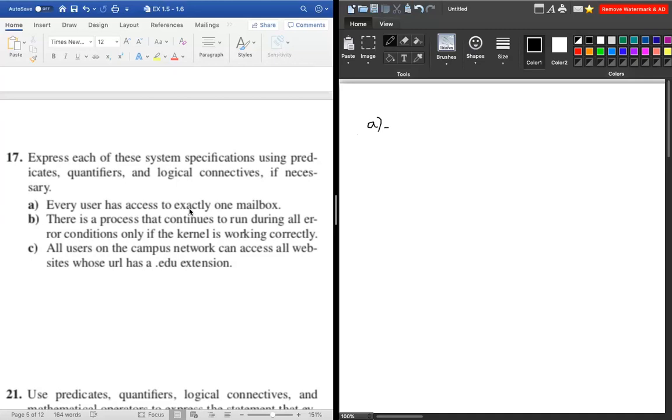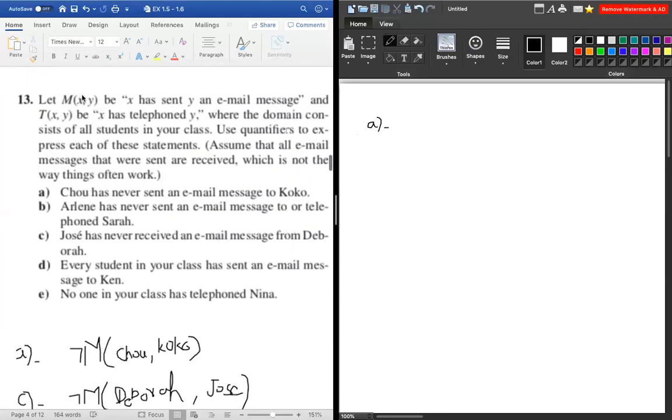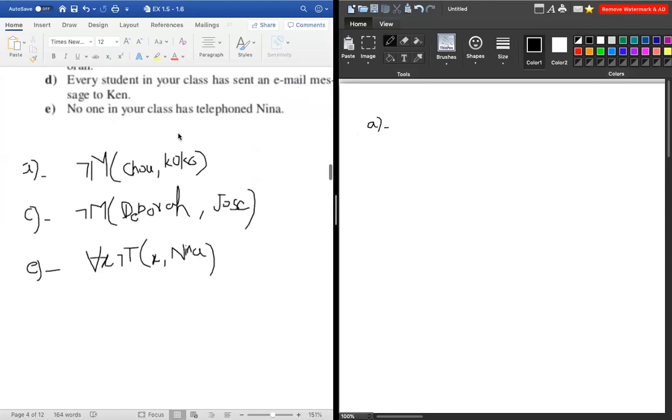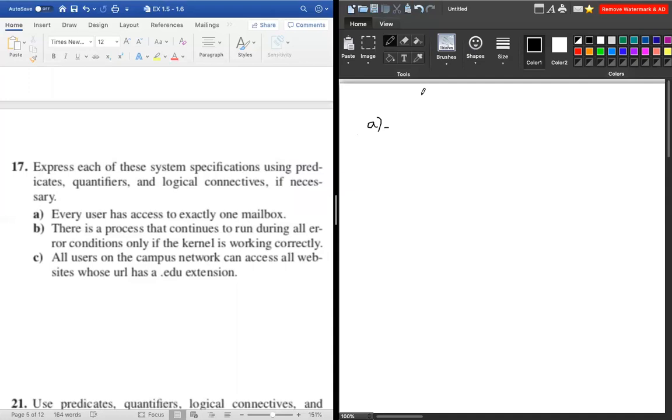Every user has access to exactly one mailbox, right? So here we are not restricted by those domains, and in this question we are not given the function names, and we are not given the variables, so we have to come up with our own. Okay, so let's put it this way.